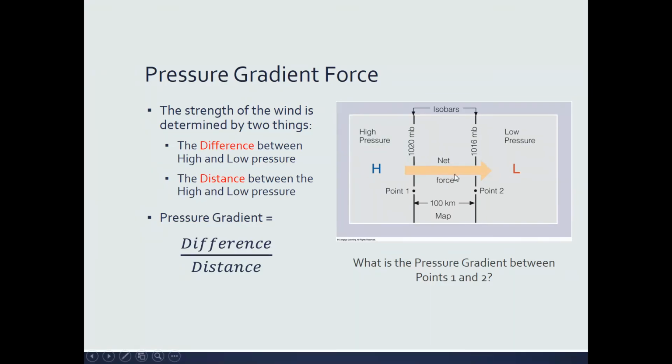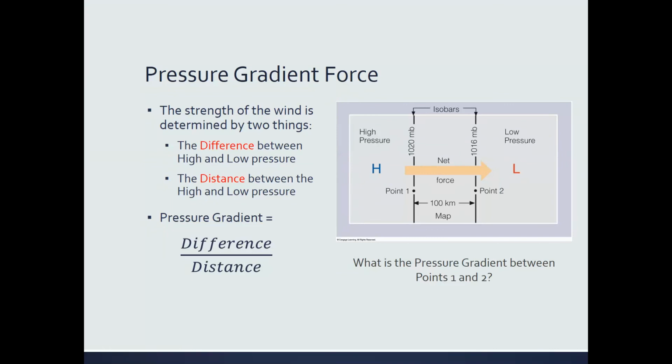On the other hand, think about what would happen if instead of doubling the difference, I doubled the distance. Instead of 100 kilometers apart, let's say it's now 200 kilometers apart. Well, by doing that, what I've actually done is I've kept the difference the same, so 4 millibars, but now the distance is 200 kilometers.